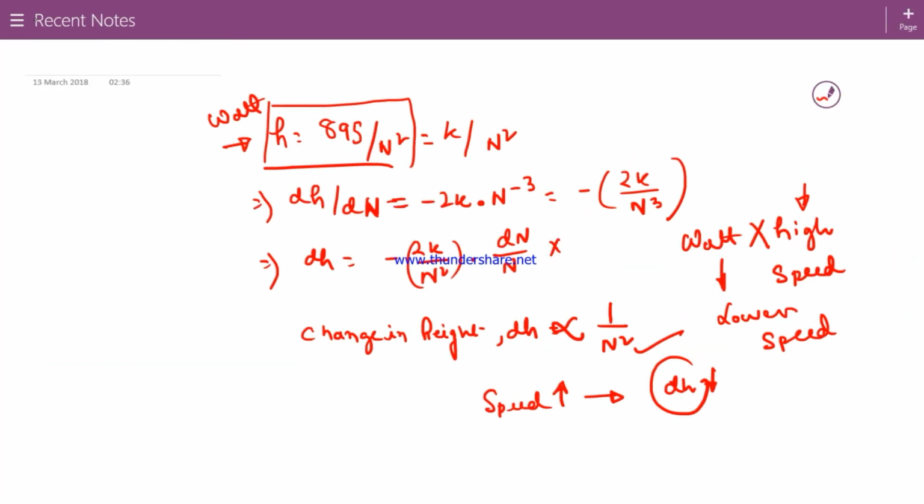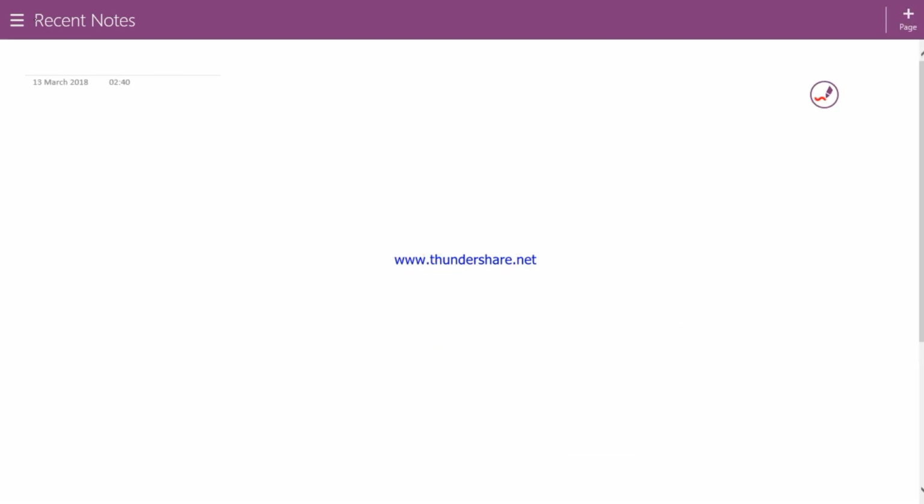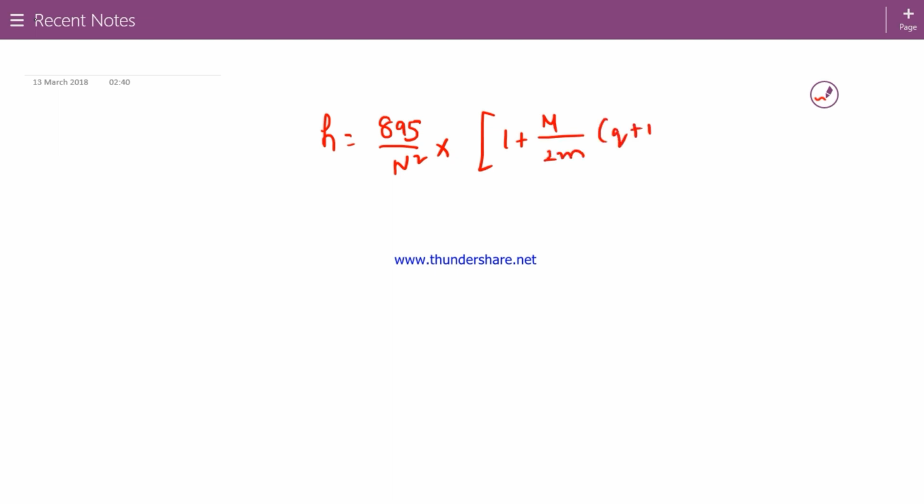there is a ratio. Let me add it this way: 895 by n square into 1 plus capital M by 2m, q plus 1. This is the extra portion for Porter, right? We have found that dh by dn is nothing but minus 2k n to the power minus 3.